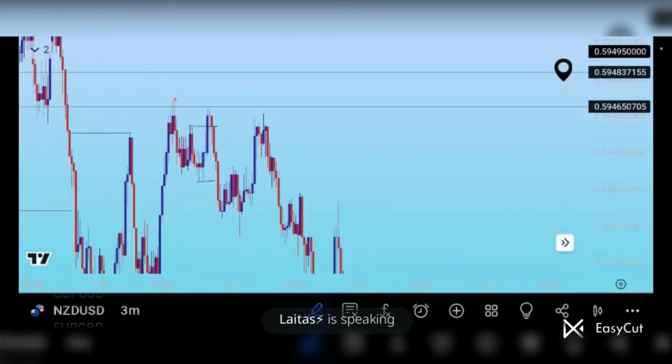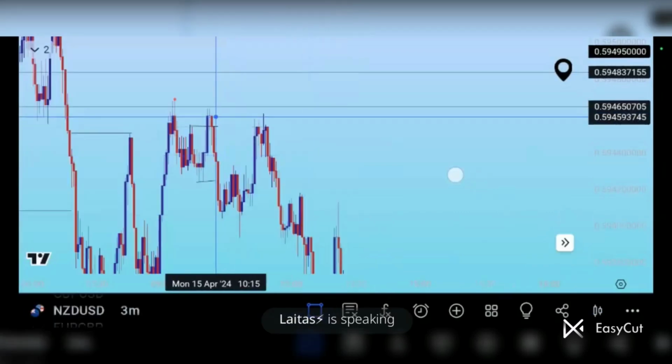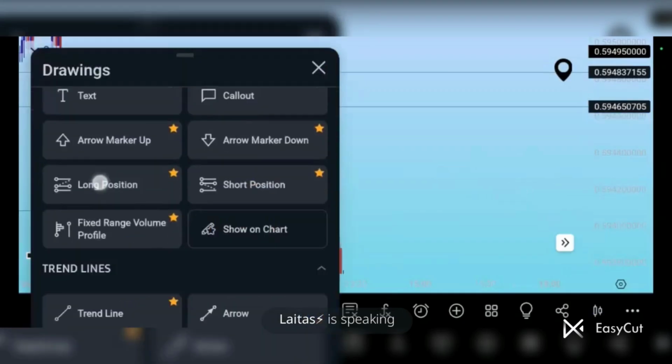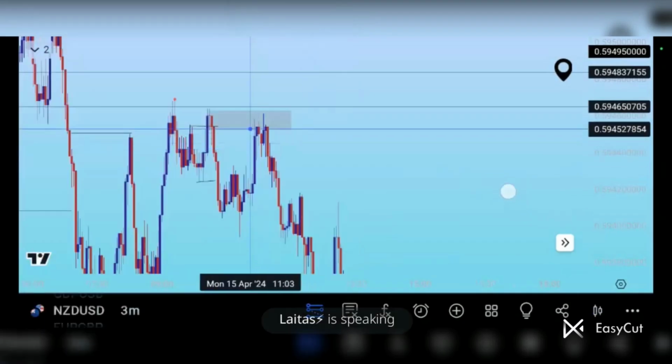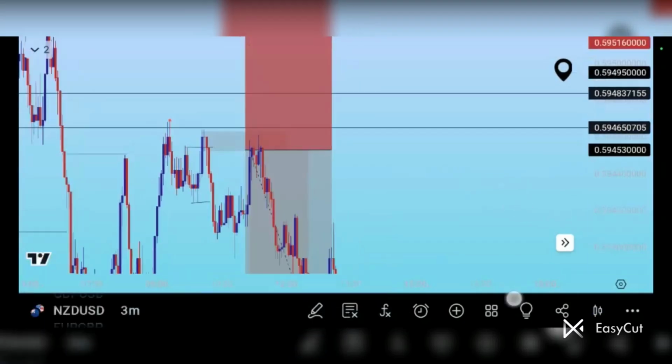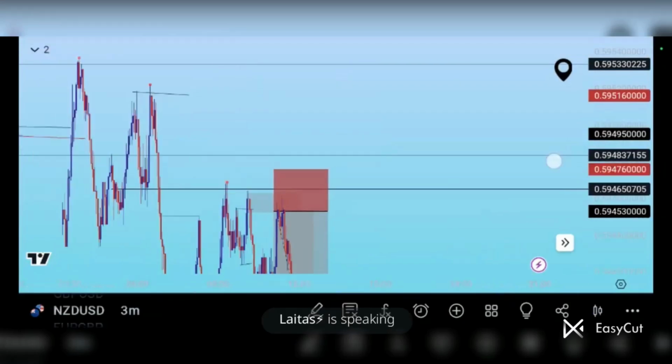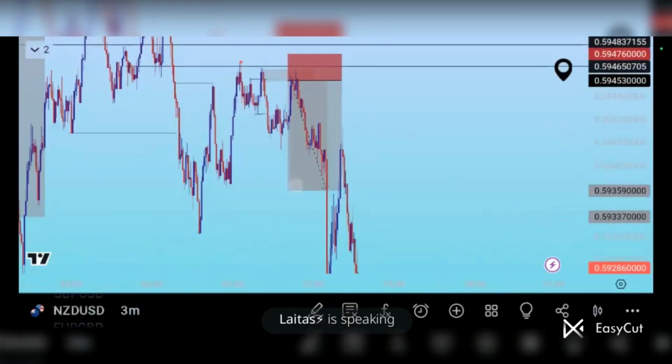But what you want is a new range to form. That's what we're looking for, not liquidity. So we have this, then short. You just want a new bearish range to form. Short.